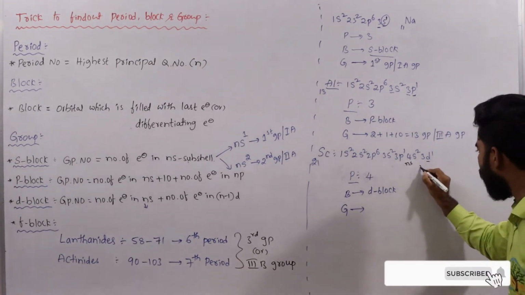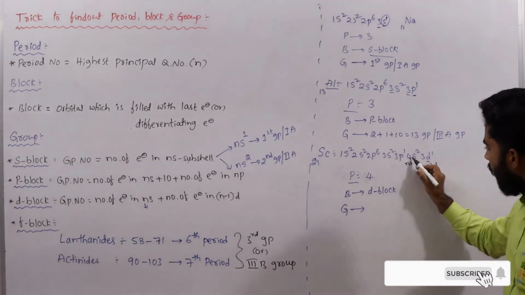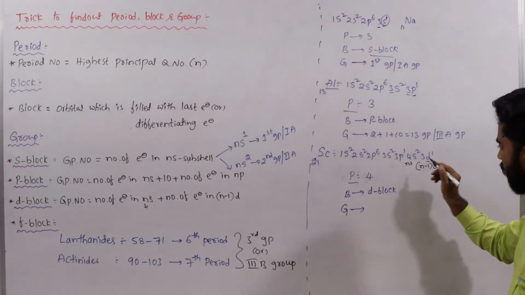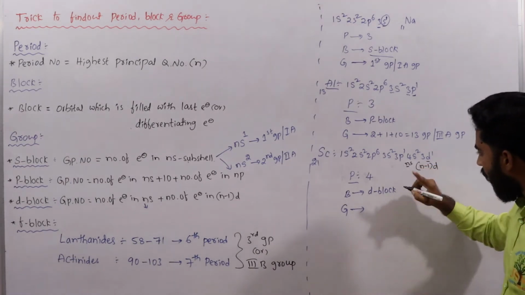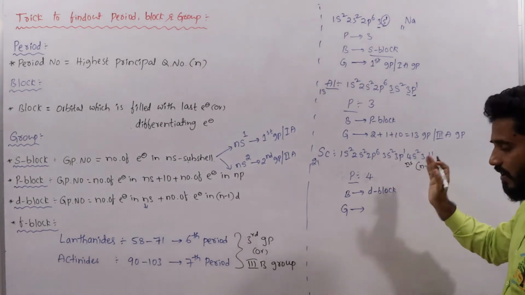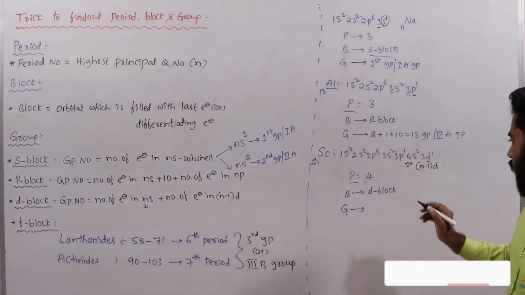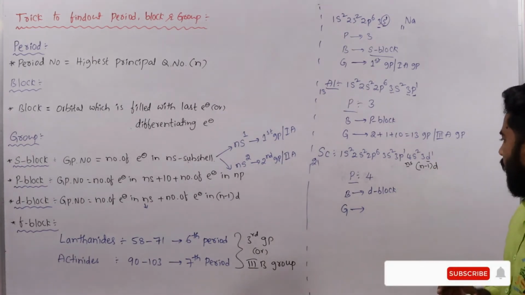Then 3 is (N minus 1)d. Here 4 is Ns because it is the highest principal quantum number, the last shell, that's why we represent it with N. This is the inner shell, that's why we write (N minus 1)d. When it is 4, this is 3.